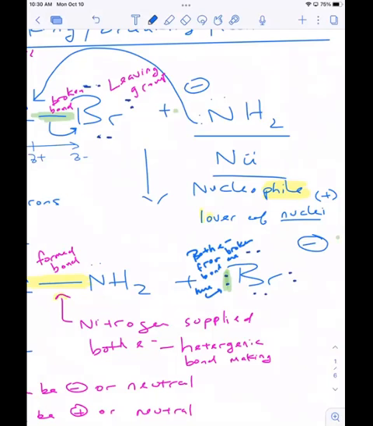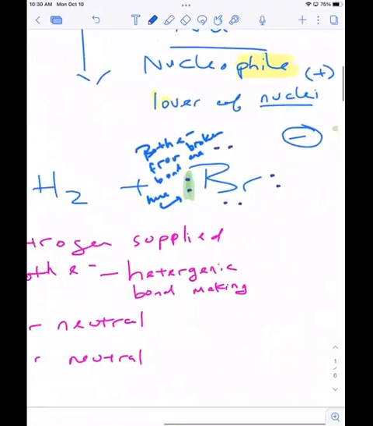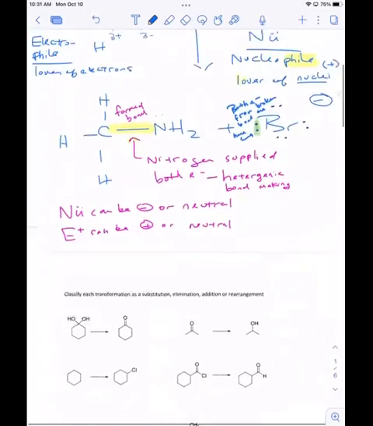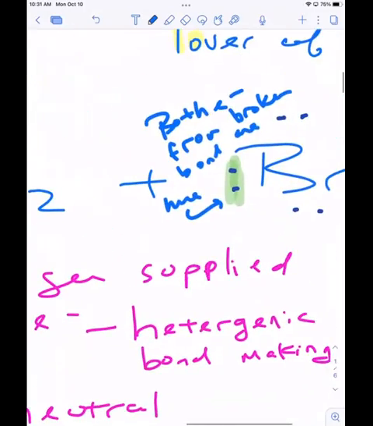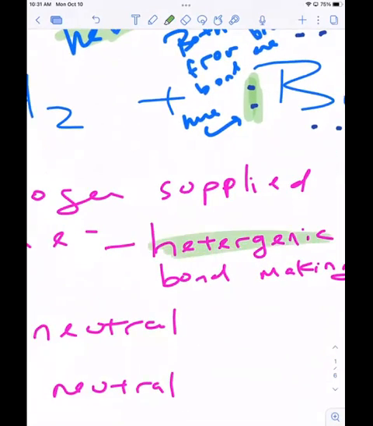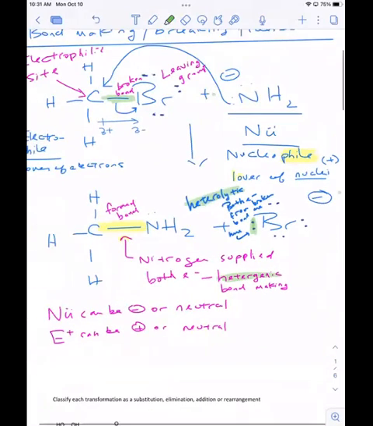So heterolytic means when I break a bond, one atom is leaving with both electrons. Down here, heterogenic means one atom yields both electrons to make a bond. So, everybody good? You good online?